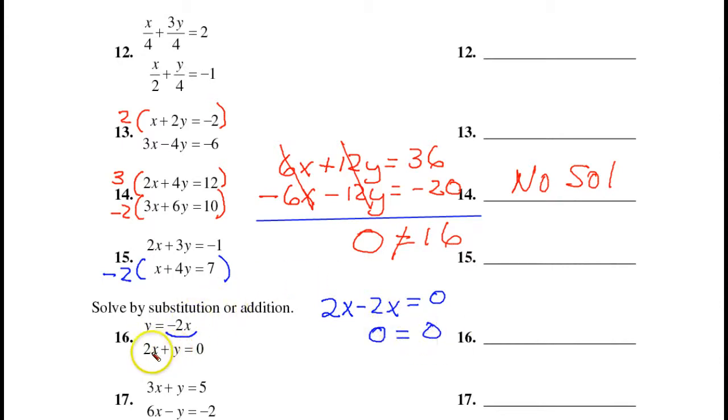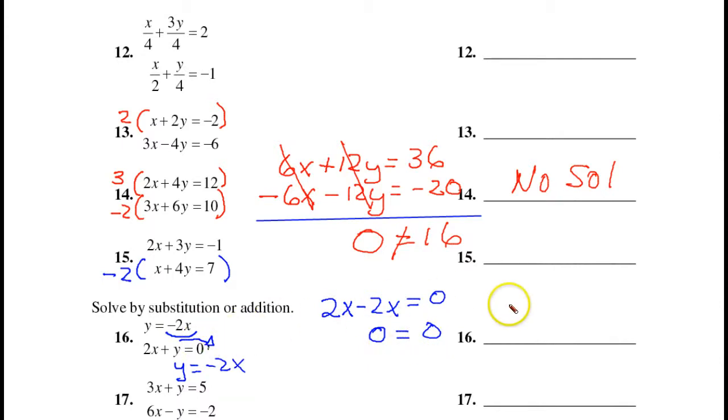So in this case, if we were to solve for y here, transpose that, that becomes y equals a -2x. These two equations are the same. They're just in different forms. This is in standard form. This is in slope-intercept form. They're the same equation. So we ended up with a true statement.